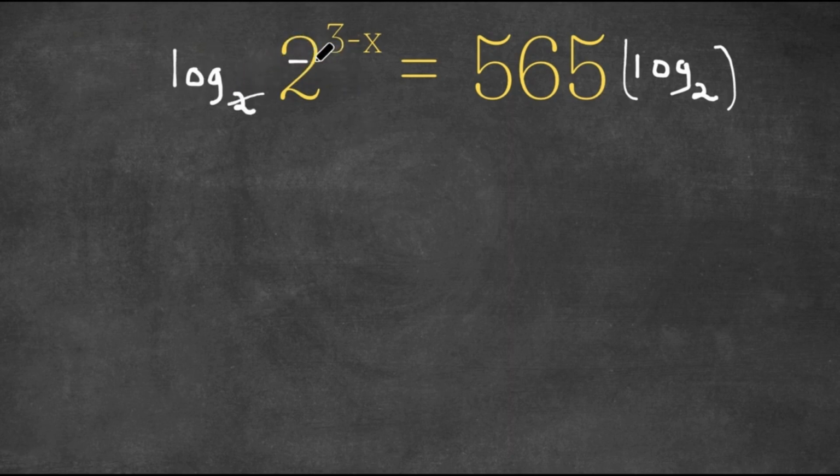On our left-hand side, I would simply have 3 minus x. And on the right-hand side, I would have log base 2 of 565.